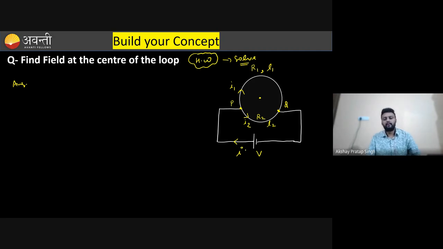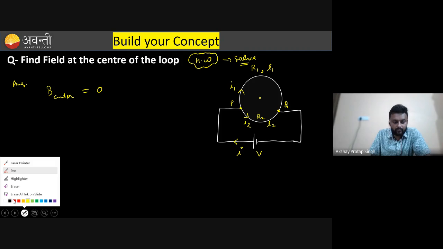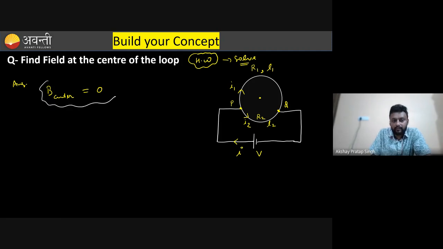Clear? So the standard result says the magnetic field at the center will be zero. Try to remember this standard result. Whenever you connect a battery across any 2 points of a circular loop, the net magnetic field is zero.